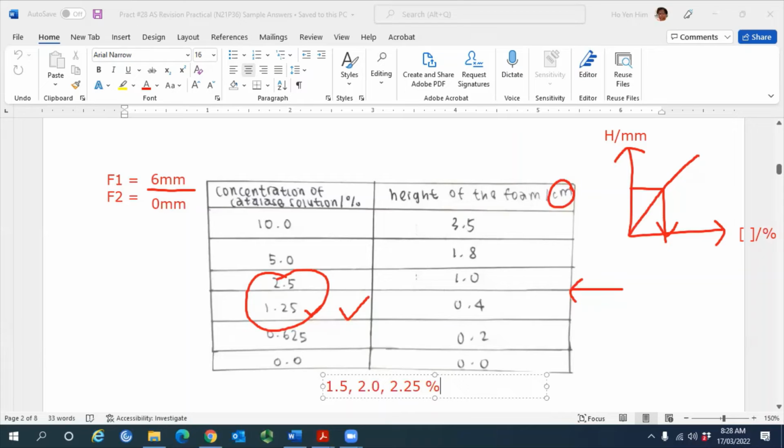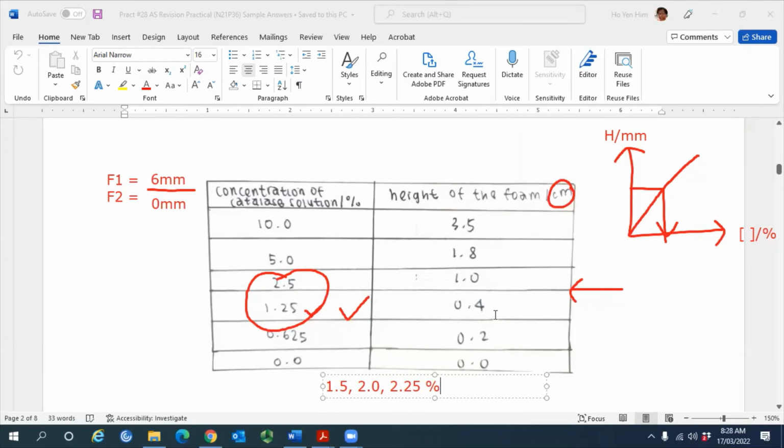And because you have more concentrations now, you can find out for 6 mm which concentration it is closest to. So this will make your reading of concentration more accurate, because 6 is too far from 10 and it's also far from 4.